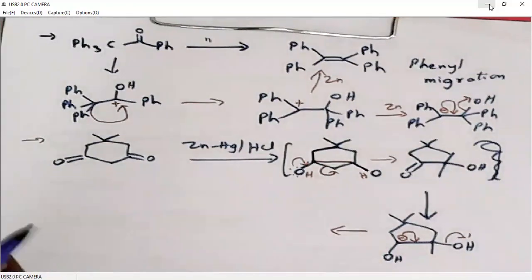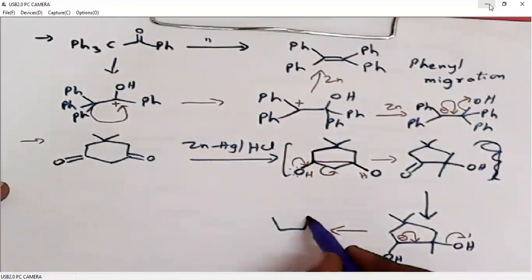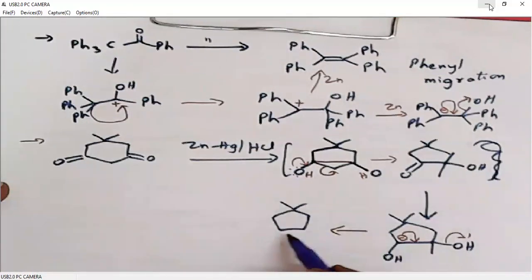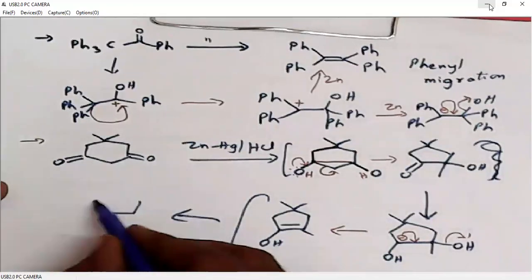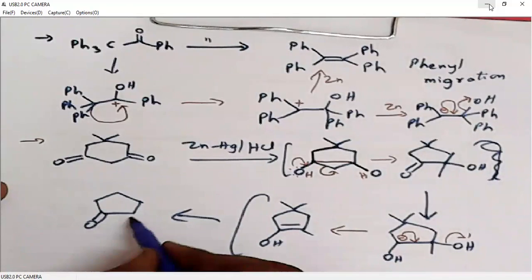The product is an enol. Of course, it will undergo tautomerization to give a final product like this.